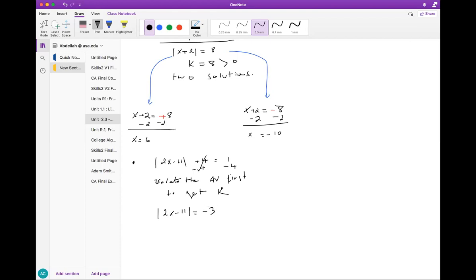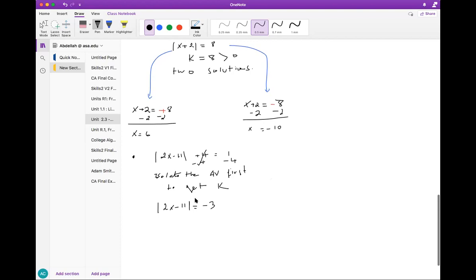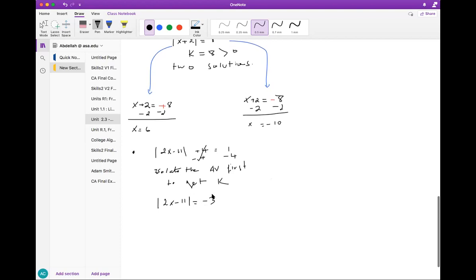Now that's k, because we have the absolute value by itself. So we can call this k. And how many solutions can we have? No solution. Exactly. Once you isolate it, as you can see, k is negative. So no solution.